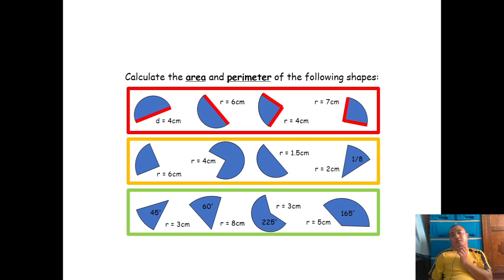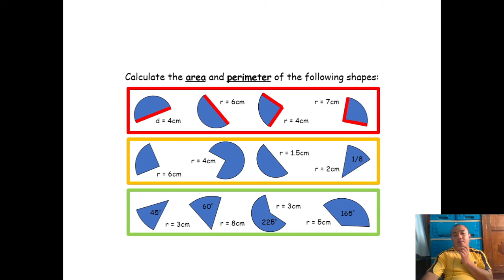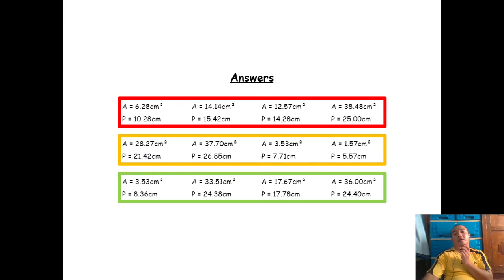Yes, correct, 6.28. Oh, no, plus 4, right? Because it's the perimeter, half of the circumference, pi d. 4 pi divided by 2, 2 pi. 2 pi plus 4, so 10.28. Right? So that's correct.